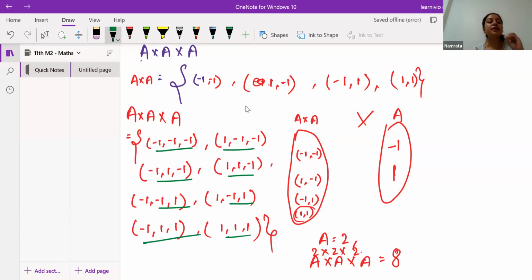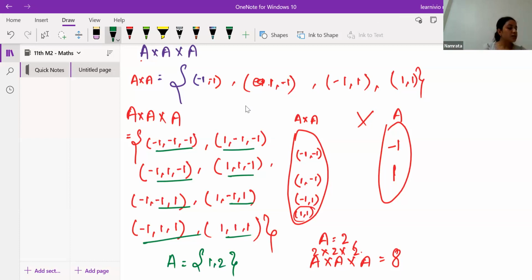If only total elements are asked, and A is given as 1, 2, and A cross A has total elements and options are 10, 5, 12, 8, then you have to say total 8 elements will be there. That's it. You don't have to list it down, you don't have to waste time. So this was the Cartesian product.